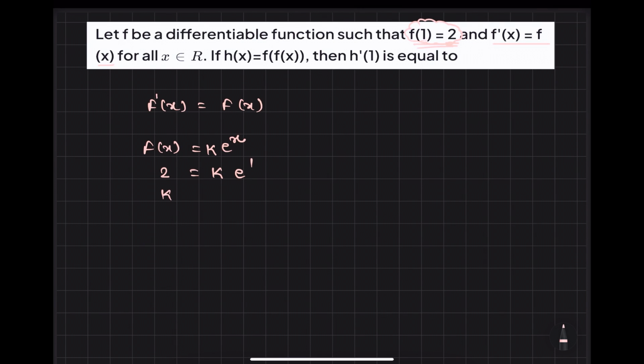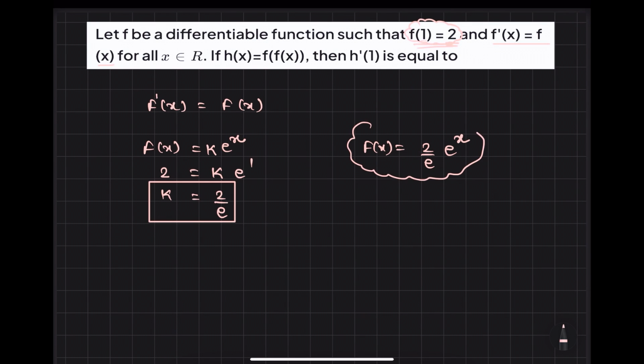So can I say that the value of k is 2 by e? So if you use the value of k as 2 by e, f of x we have to write as f of x equals 2 by e times e power x. So we got this, correct?